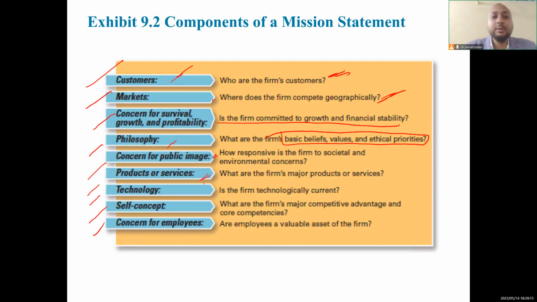Products or services: what are the firm's major products or services? Technology: whether they will be using the latest technology or the old technology, or whether they will be keeping up with new technologies or not. And then what are the firm's major competitive advantage and core competencies?